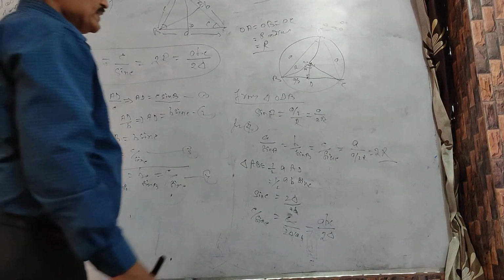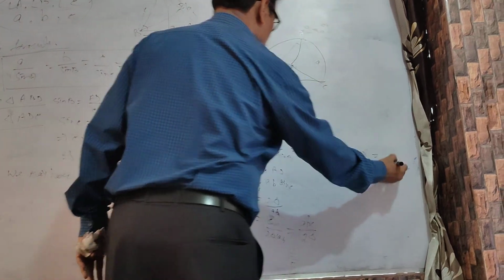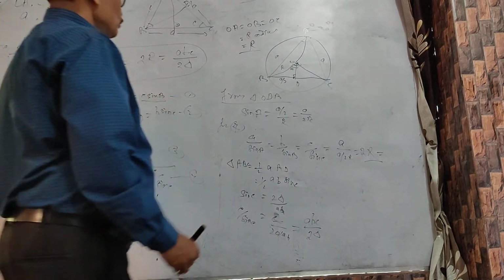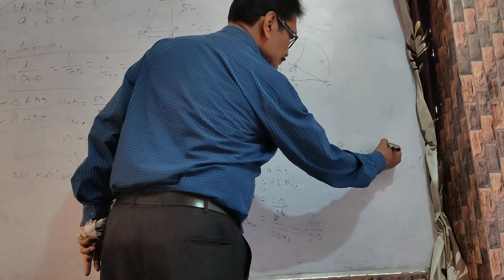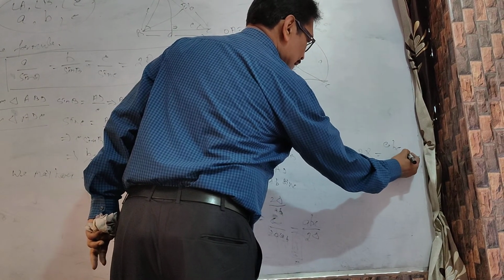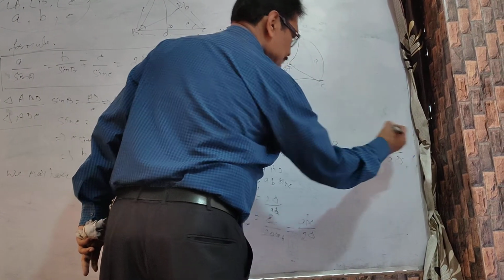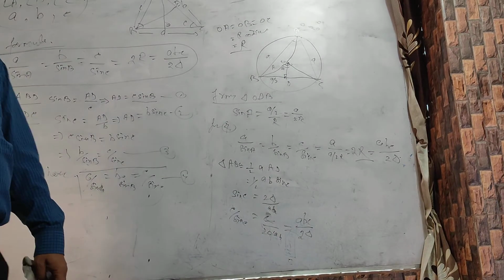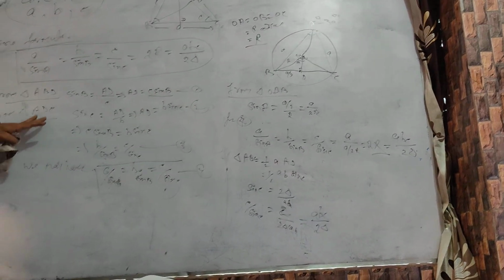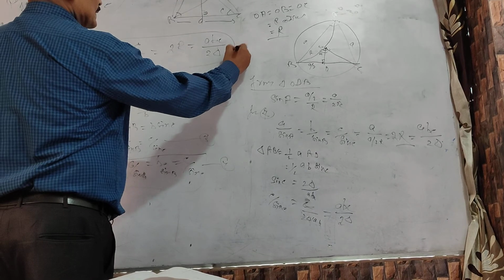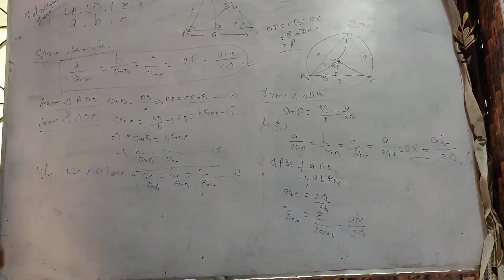So this result becomes 2R, equal to abc upon twice the area of the triangle. So this is the sine formula. We have obtained this result.